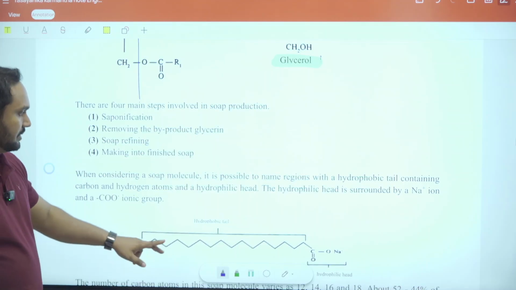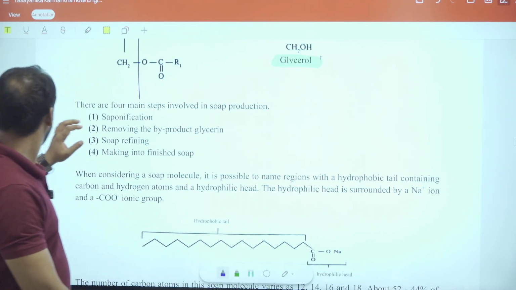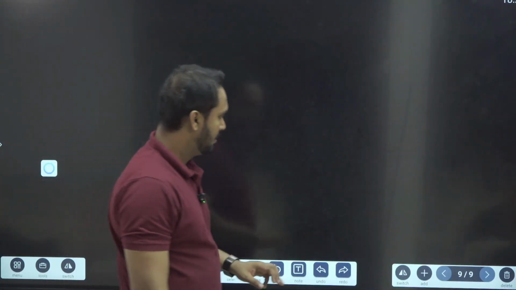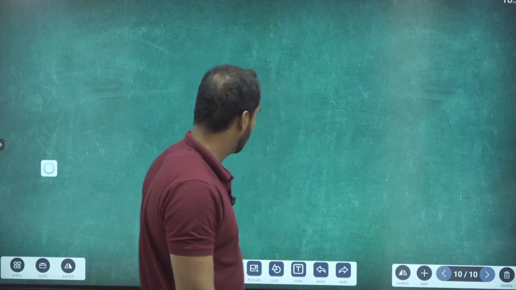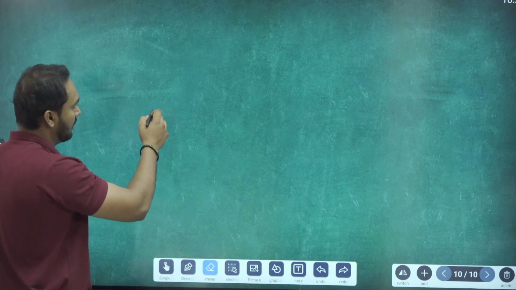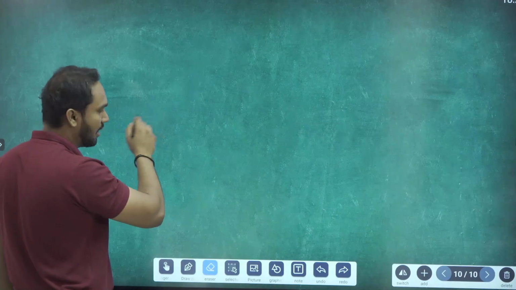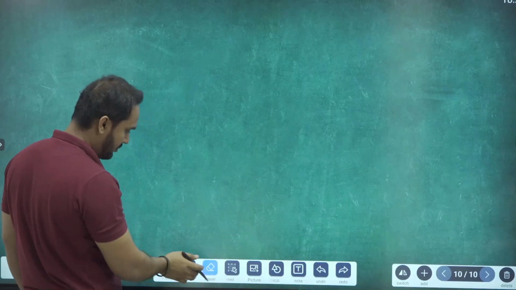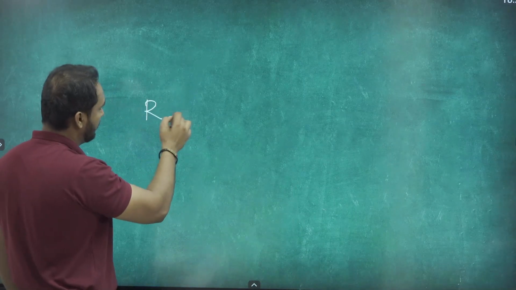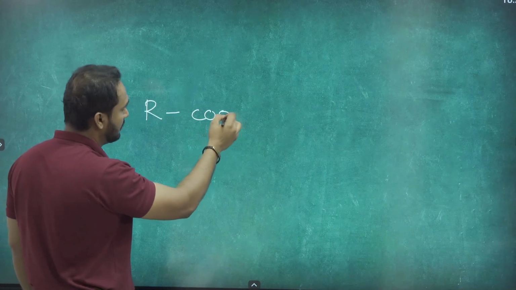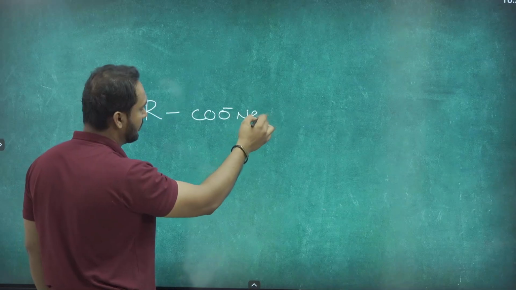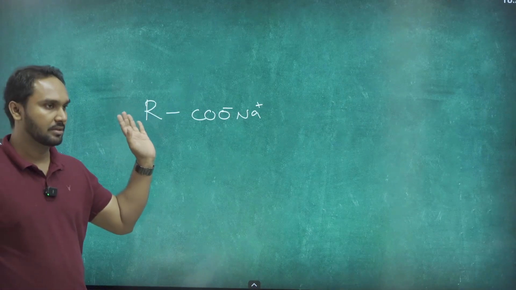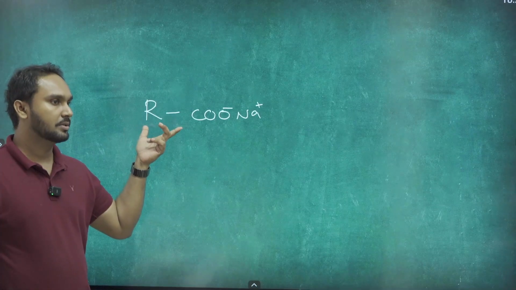So now this is the soap molecule. Taking the carbon chain as R, it is R-COO⁻ Na⁺. This is soap, the salt of long chain carboxylic fatty acids.